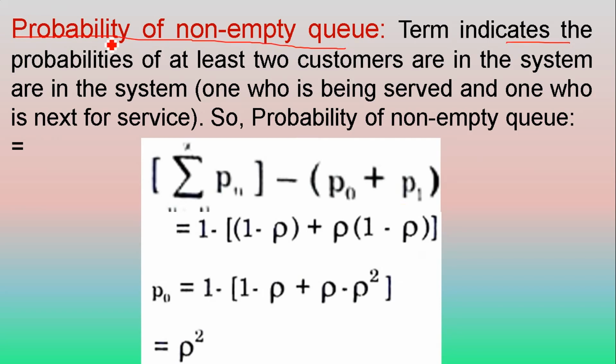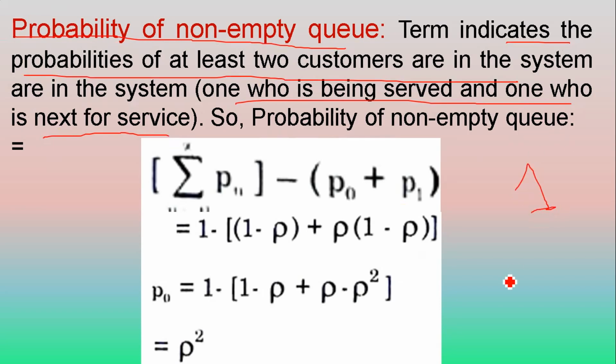This term indicates the probabilities of at least two customers in the system, one who is being served and one who is next for service, right? Here it indicates at least two customers. Non-empty queue means what? Non-empty queue means the queue should not be empty, so a minimum of one person should be in the queue. So one person will be in the queue and one person will be taking service, right? So total there will be 1 plus 1, that will be two customers, right?